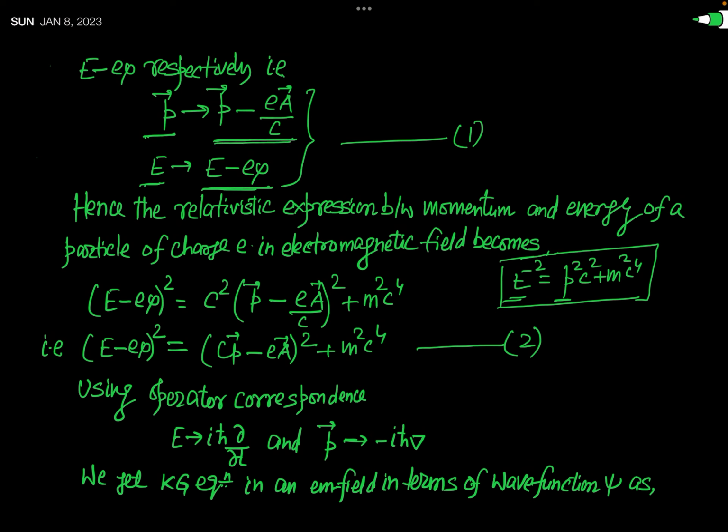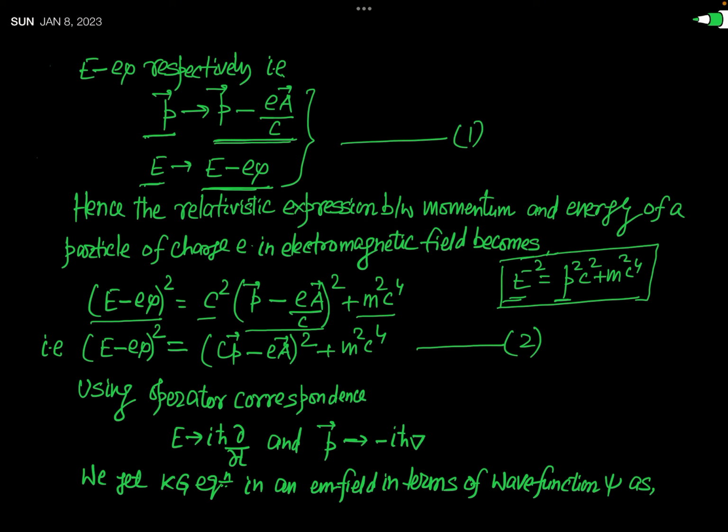Replacing these two quantities, what will be the result? You can see easily. Instead of E, here I have written E minus e phi whole square, and that is equal to c square P square. So c square stays, but instead of P, we will now write P minus eA over c whole square, and the m square c4 term remains as it is.